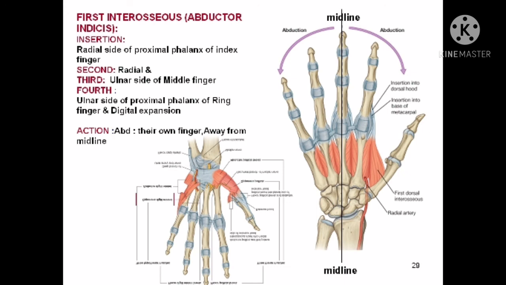Their action is abduction: they abduct their own finger away from the midline. The little finger does not receive any dorsal interosseous because it has its own abductor, the abductor digiti minimi in the hypothenar muscles.